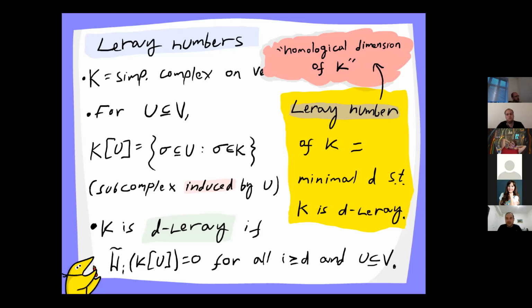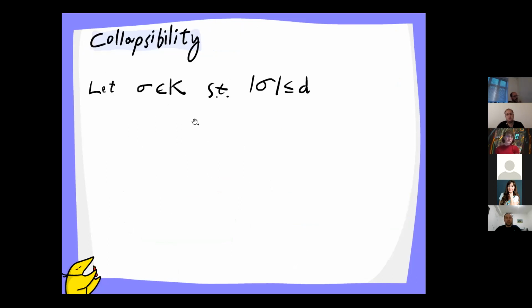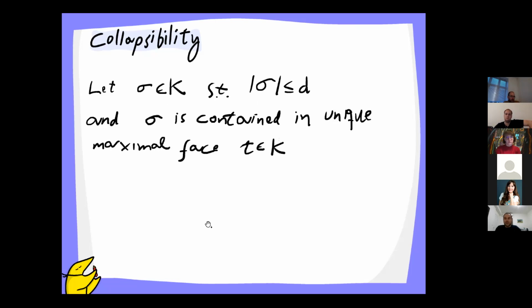A second related property that we will use today is the property of collapsibility. Again, we have a complex K, and assume that we have a simplex sigma of size at most d that is contained in a unique maximal face of the complex.